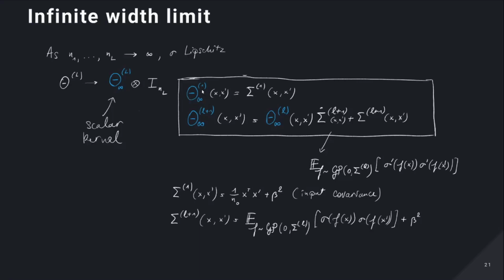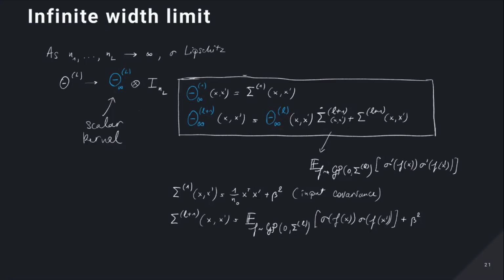So for the input, because we don't even have any weights yet, it's just the input covariance distribution, and this one is actually the same as what happens in the neural network Gaussian process. And then for the next layer, I just take my previous kernel and multiply it with this term here, which is simply an expectation.